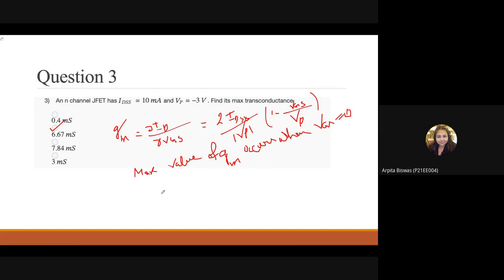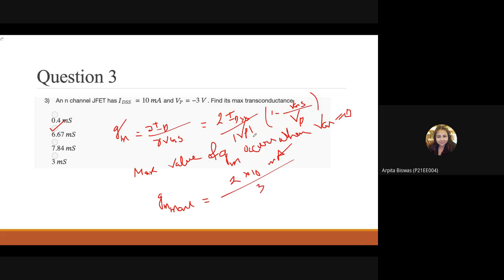So gm max equal to 2 into IDSS, 10 milliamps, by 3, right?